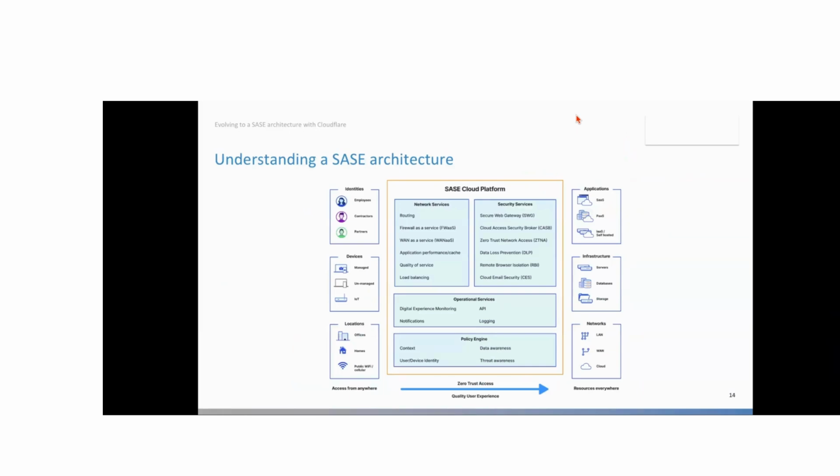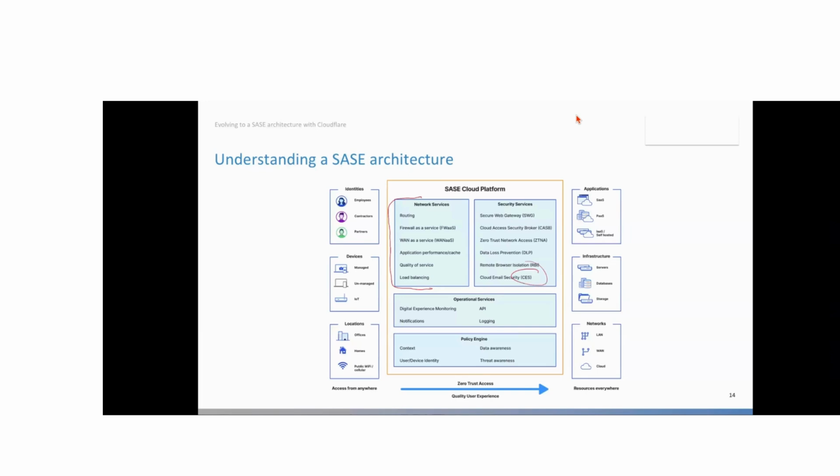Okay. Now, the SASE architecture, just to understand completely what it is and what we're going to be studying, is we first get network services, right? We have firewalls, routing, WAN, quality of service, load balancing for our network, same thing for our applications. And then we have security services: secure web gateway, cloud access security broker, Zero Trust Network Access, data loss prevention, remote browser isolation, and then we have email security as well.